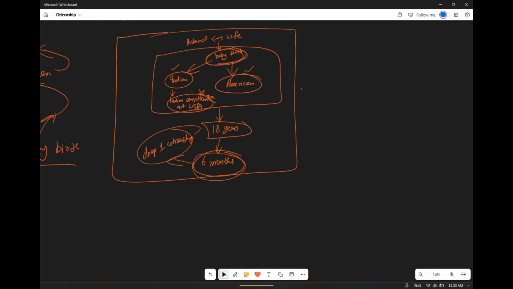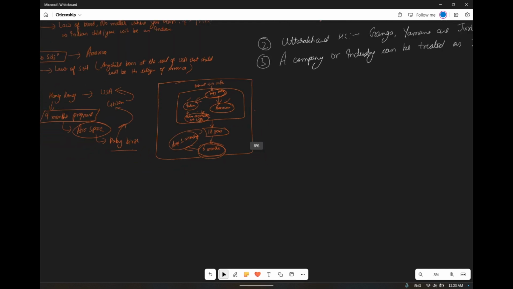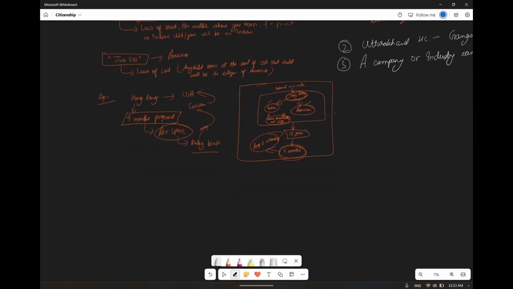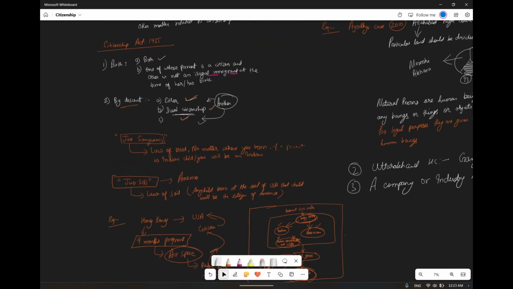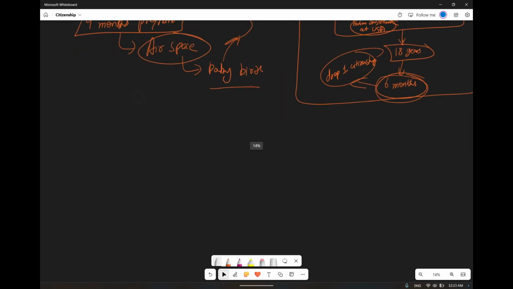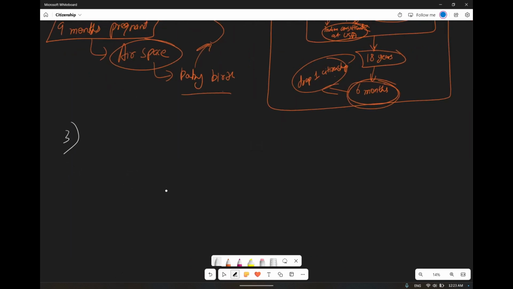Okay, now we have seen citizenship by birth and by descent. In descent there was a lot of story that was important for me to give, so that you will understand it better. Now the third will be citizenship by registration.